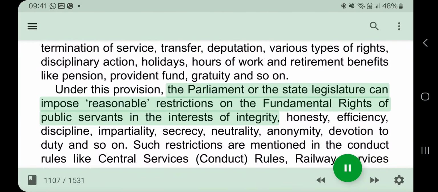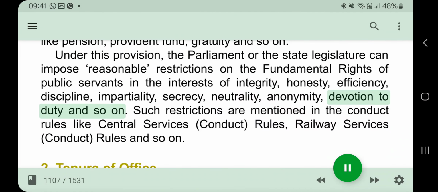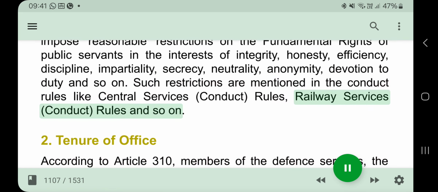Under this provision, the Parliament or the state legislature can impose reasonable restrictions on the fundamental rights of public servants in the interests of integrity, honesty, efficiency, discipline, impartiality, secrecy, neutrality, anonymity, devotion to duty and so on. Such restrictions are mentioned in the conduct rules like central services conduct rules, railway services conduct rules and so on.